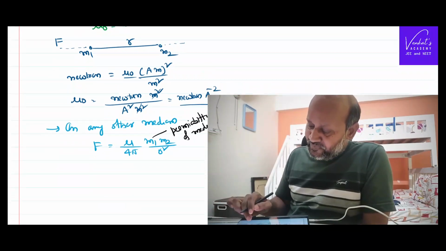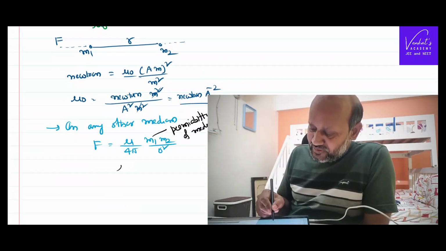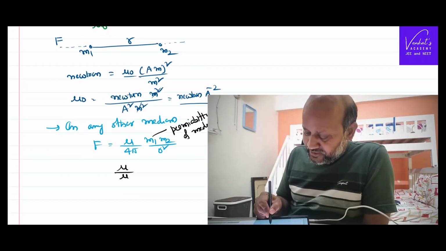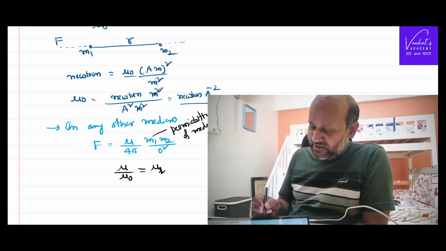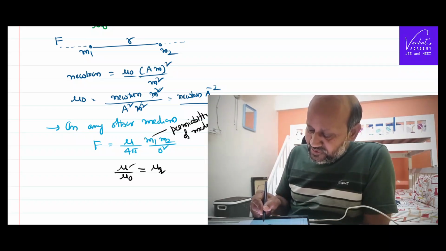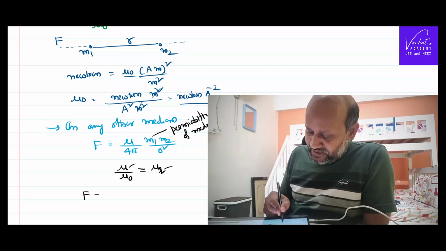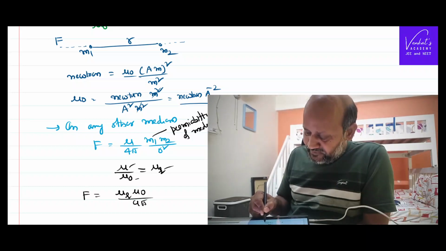Now there is a relation between this mu and mu naught. Mu of that medium by mu of the vacuum, their ratio can be called mu r, that is relative permeability. So in the place of this mu, I can write mu r and mu naught by 4 pi m1 m2 by r square, by just taking this term to that side.